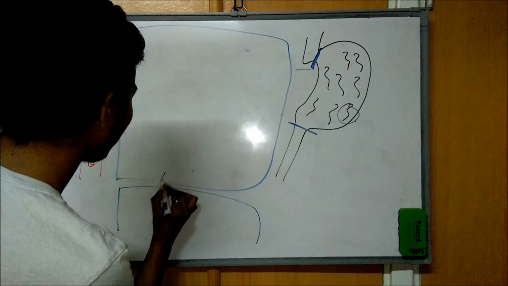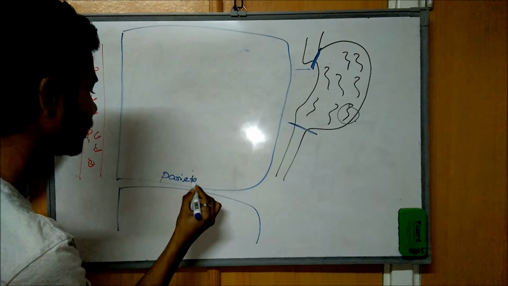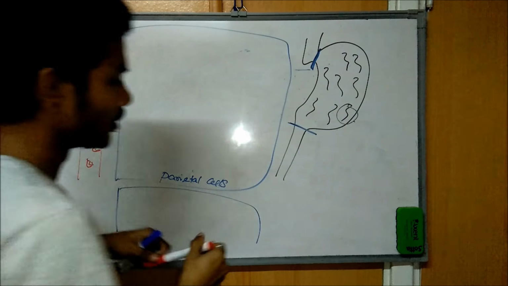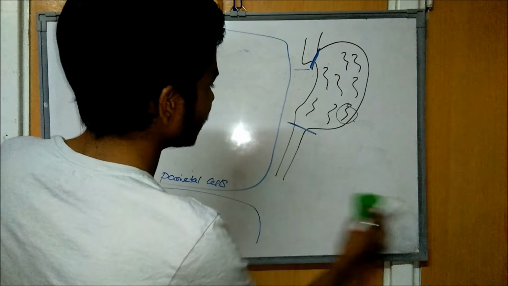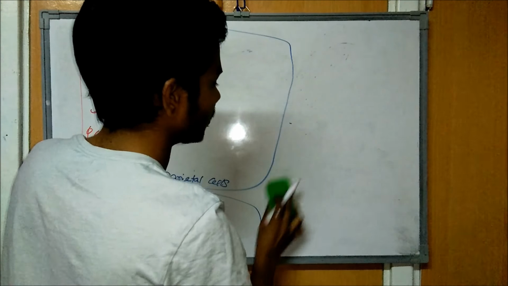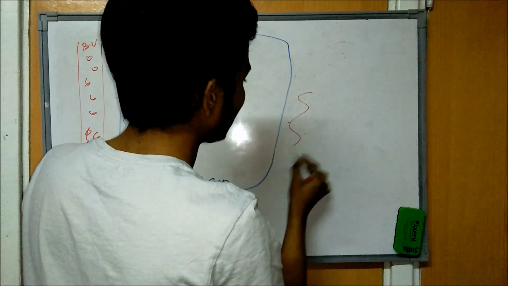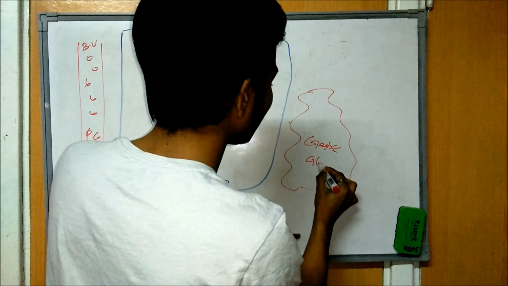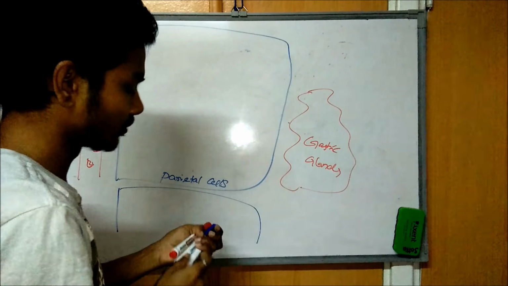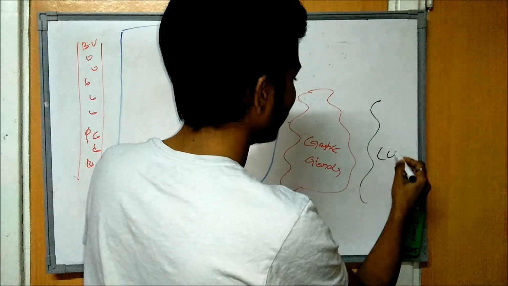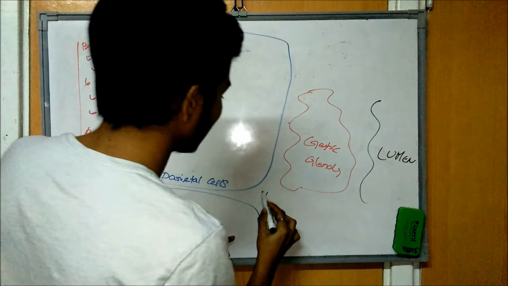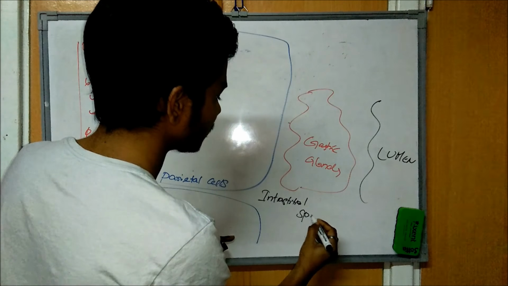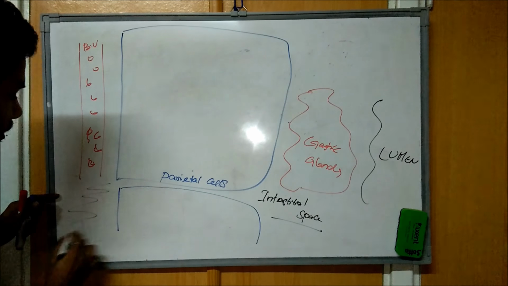These are parietal cells, parietal cells, and then here we have the gastric gland, and then the lumen of the stomach. And then we have interstitial spaces, so interstitial spaces.